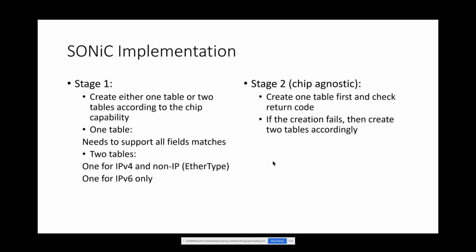For example, some chips cannot have both IPv4 and IPv6 match on the same table. That might be the reason for the failure. Okay. Sounds like you prefer one single table. Why? Yes, because one single table will definitely save some space in the chip, and it's easier for maintenance. I see. Okay, thanks.